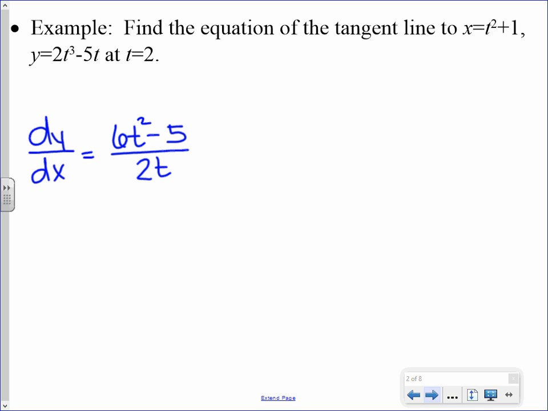What do we need to do if we're going to write the equation of the tangent line at t equals 2? We need to have our slope evaluated at t equals 2.